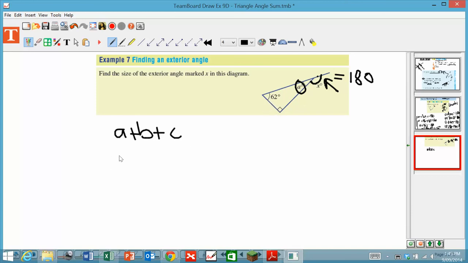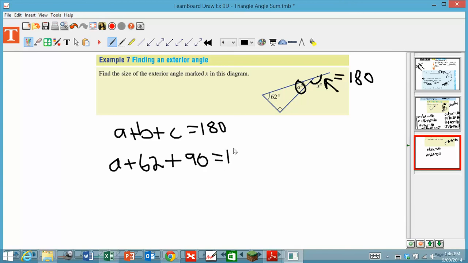I know I've got 62 here, and that equals 180. I don't know what A is. So it's A plus B, which I know is 62 degrees, plus C. Now we've got a little square in here, and that means it is a right angle. And our right angle means that we know it's 90 degrees.